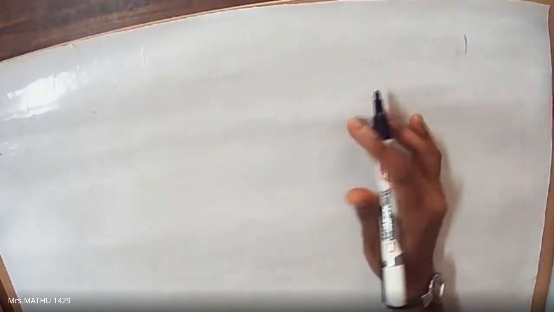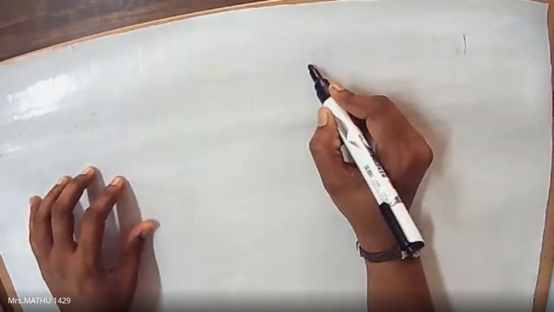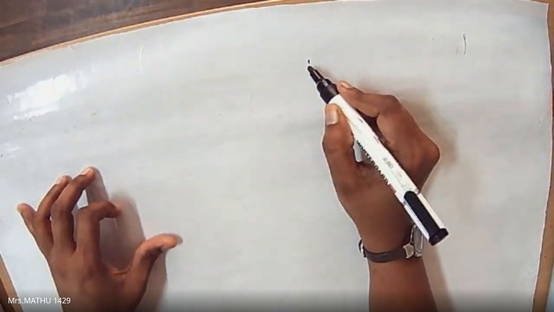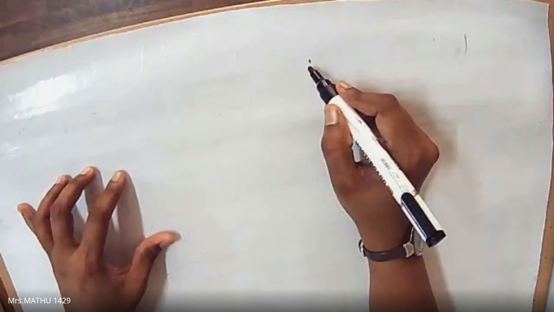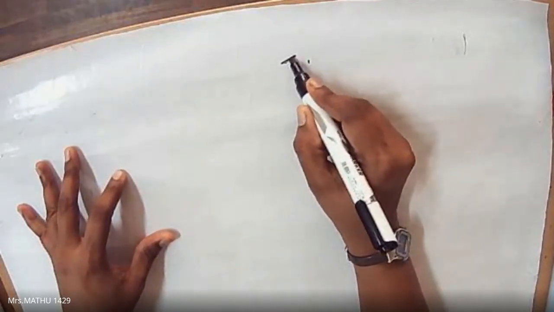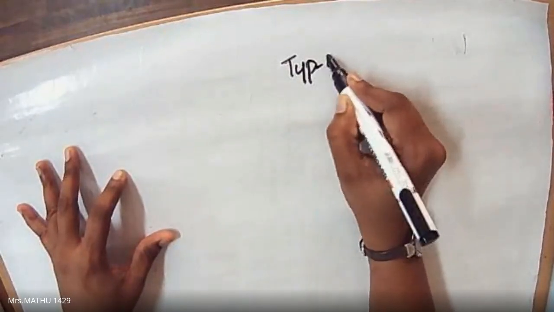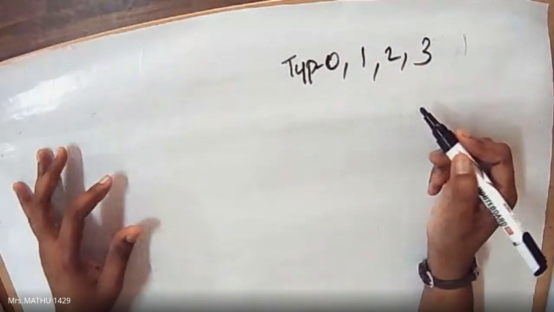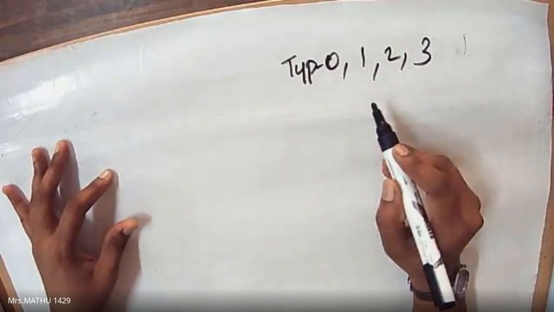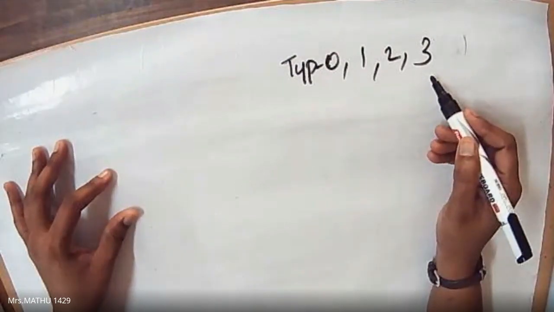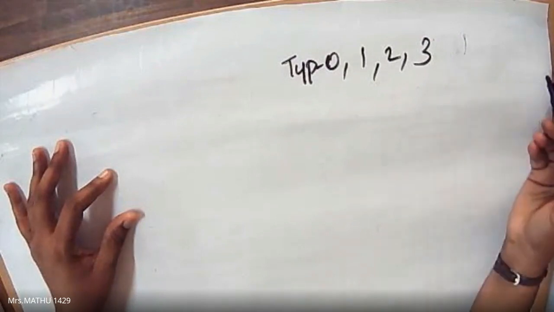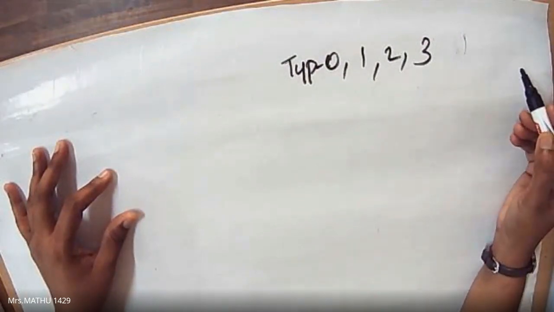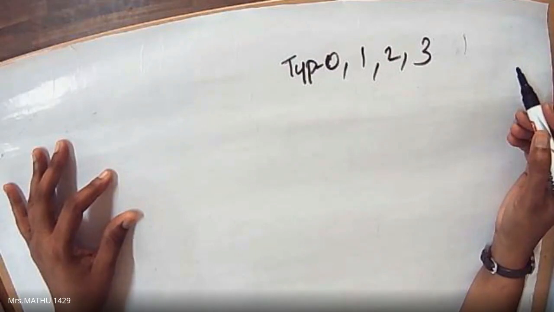So what are all the things we have discussed so far? Before that, I'll tell you the Chomsky hierarchy, right? In the Chomsky hierarchy, we have talked about type 0, type 1, 2 and 3. I told you that we are going to study all these types of languages, the grammars associated with them and the machine or the automata associated with them.